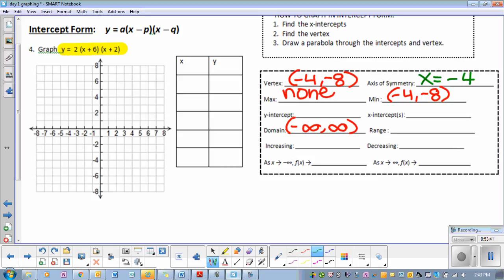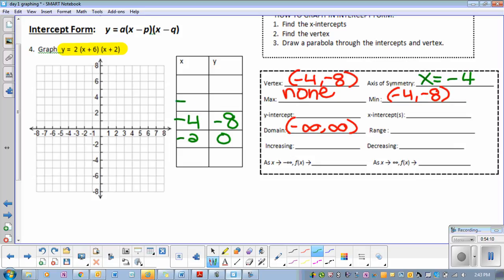So -4, -8. Guys, go to your tables and then give me some more points, 2 above and 2 below. Let's graph this. 2, 0. Okay, I like that. -2, 0. Sure.